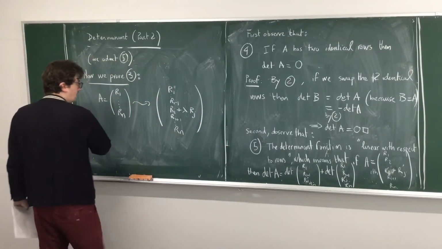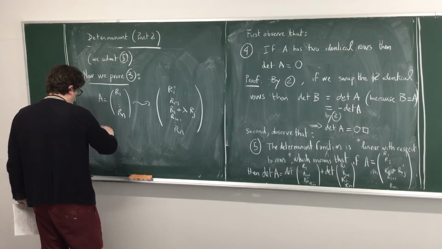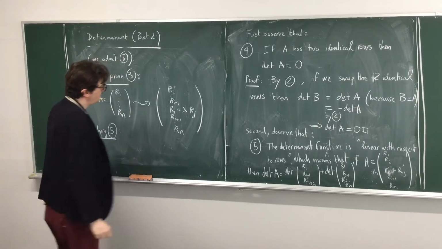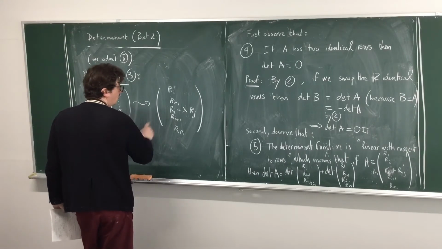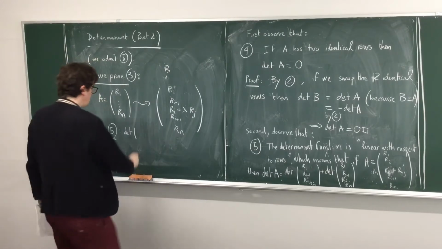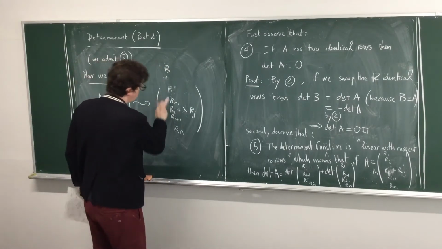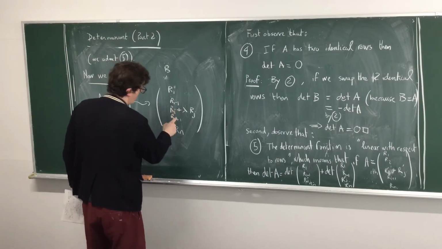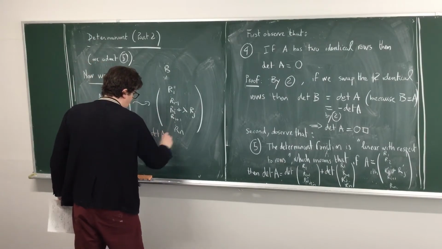So if we apply 5, what do we get? We get that the determinant of this matrix, let's call this B, will be equal to the determinant of the first one where I just take Ri, and so this will be actually the determinant of the matrix A.